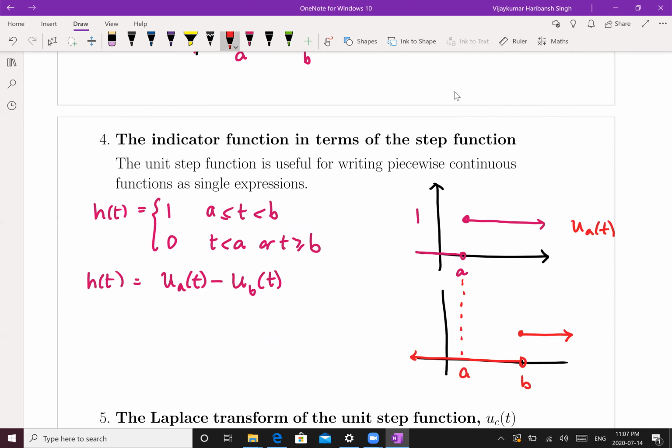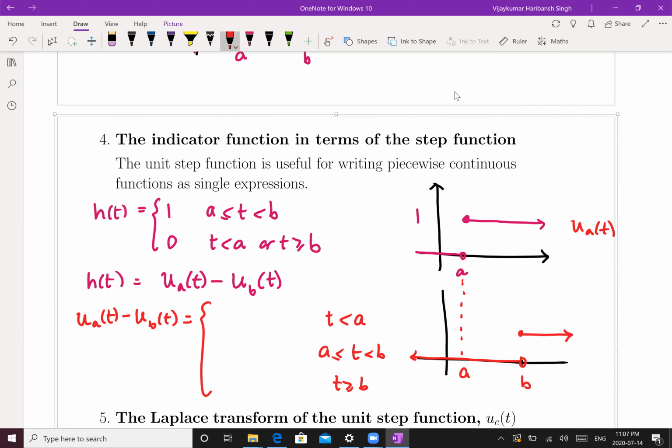We can also write it down to demystify it a bit. You have u a of t minus u b of t. The interesting points where things are happening are at a and b. So consider t less than a, a less than or equal to t less than b, and t greater than or equal to b. For t less than a, u a minus u b is 0 minus 0, which is 0.